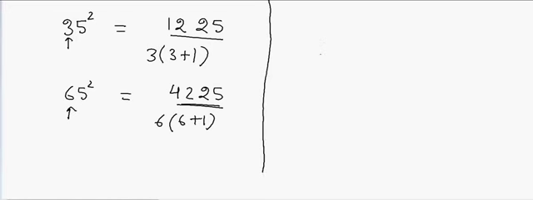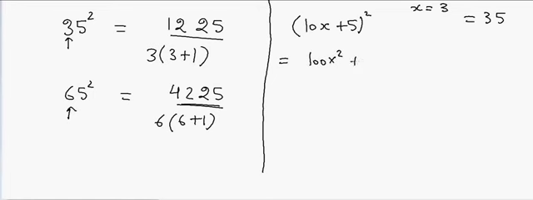Suppose we have any number which ends with 5. That number can be written as 10 into x plus 5. If x is equal to 3, then this number is 35, right? If we square 10x plus 5, that will be equal to 100 x squared plus 100x plus 25.